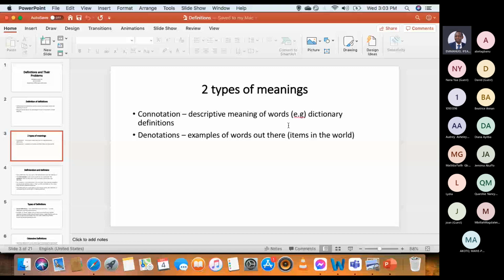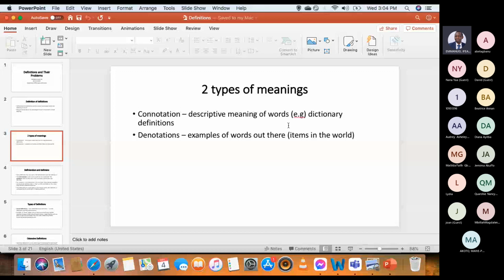Something can have a connotative meaning, and the same thing can also have a denotative meaning. Connotation is the descriptive meaning of words, like the dictionary definitions. Any definition you can write down or pronounce is descriptive. That's a connotative meaning of a word.